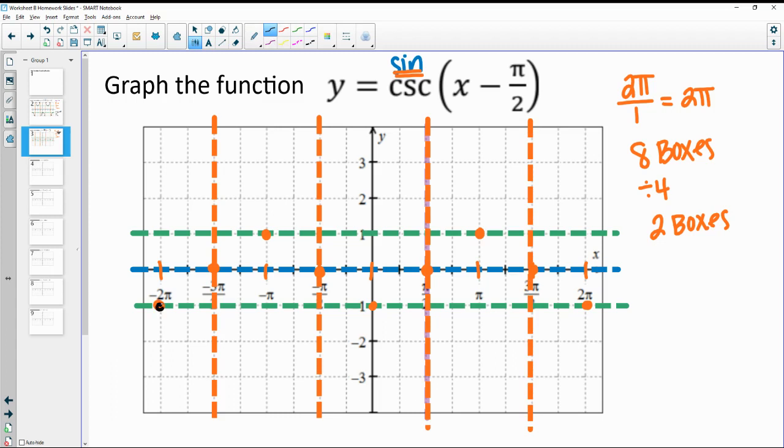Everywhere sine was -1, so will cosecant, and it'll go down from those mins. And everywhere sine was 1, cosecant will also be 1, and then it's going to go up from those maxes. So down from these mins, up from the maxes.